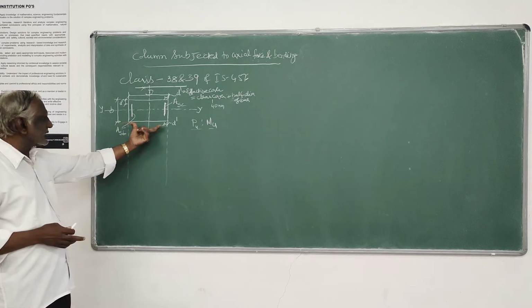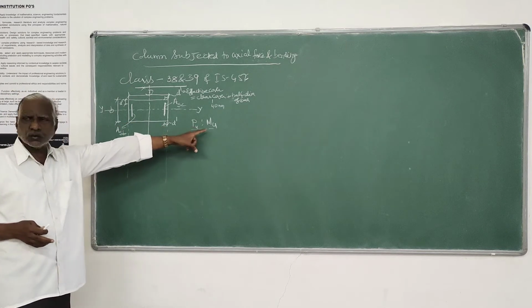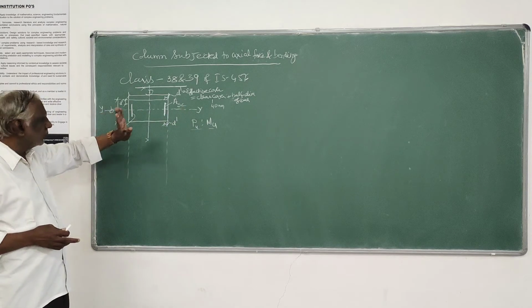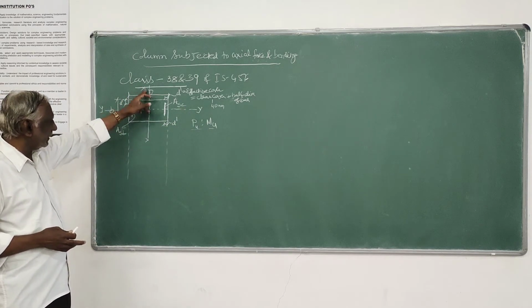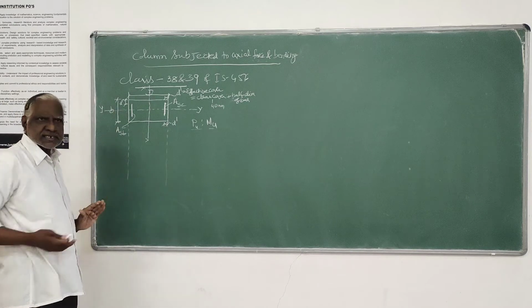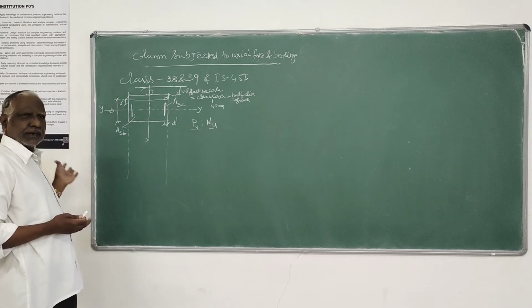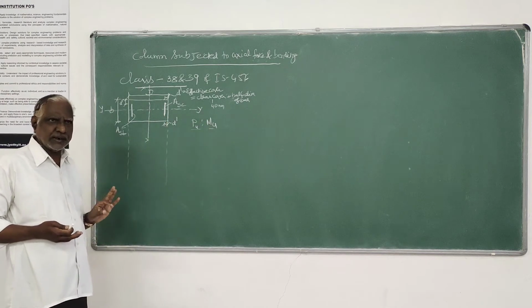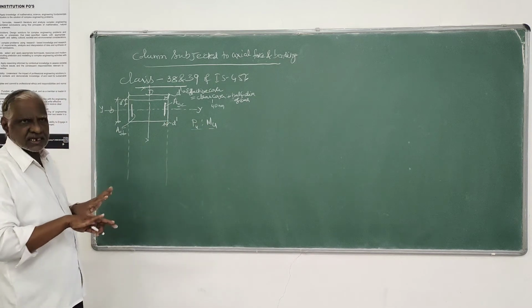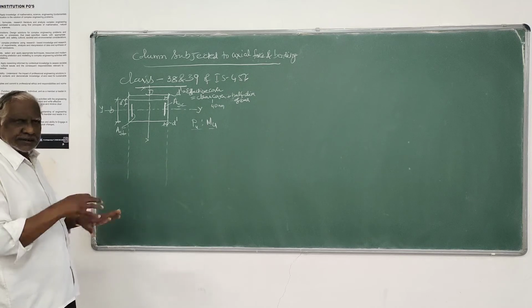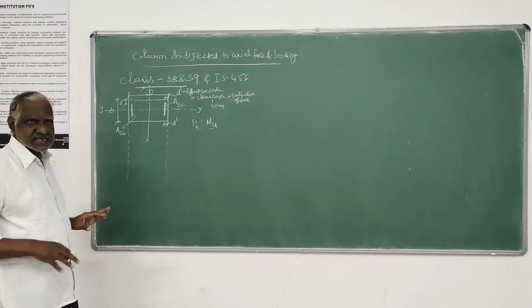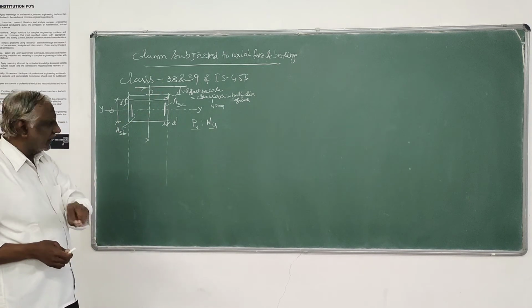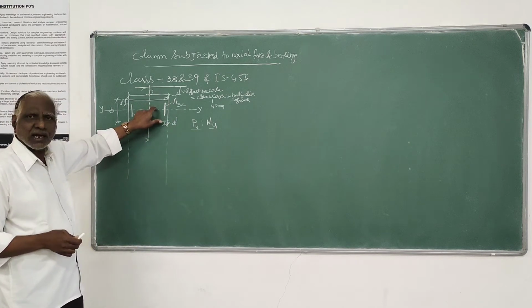Depending upon the magnitude of Mu and Pu, the neutral axis may lie within the section assumed or away from the section assumed. Both these cases we have to take into account before design. Now I am spending some time on that particular aspect.